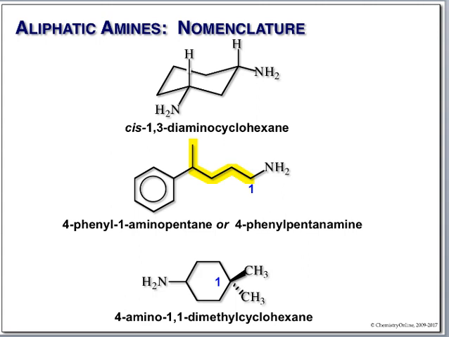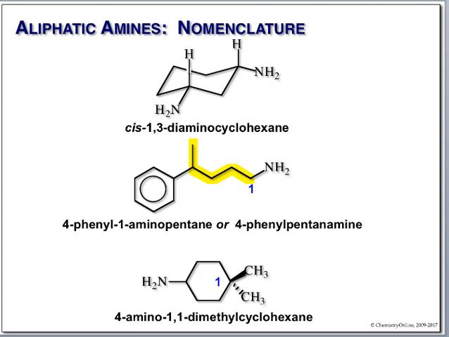Now we all remember from general chemistry that this nitrogen has 4 things around it. 4 real substituents and a pair of electrons. So the steric number here is 4.